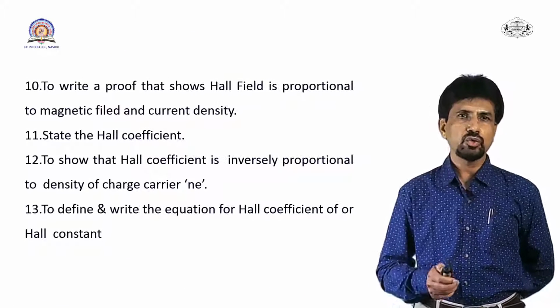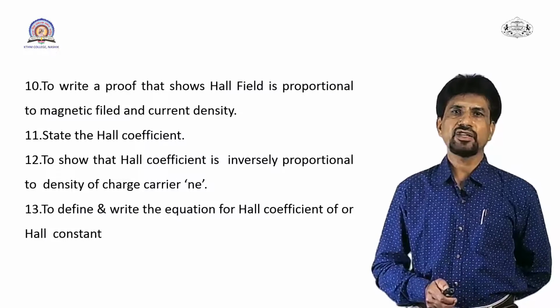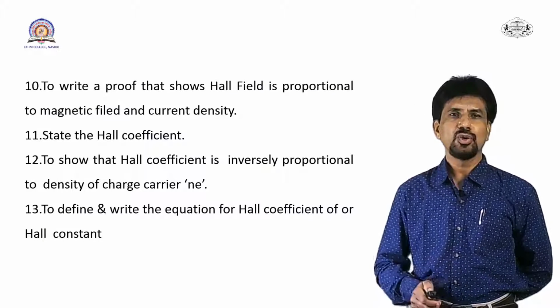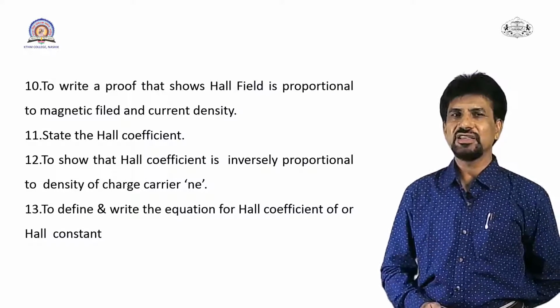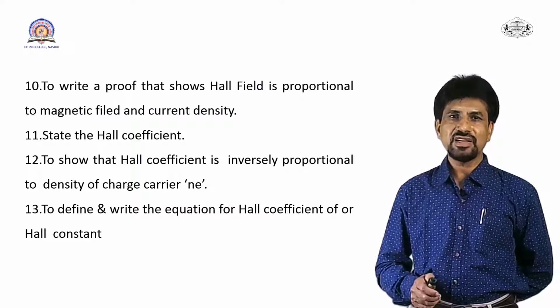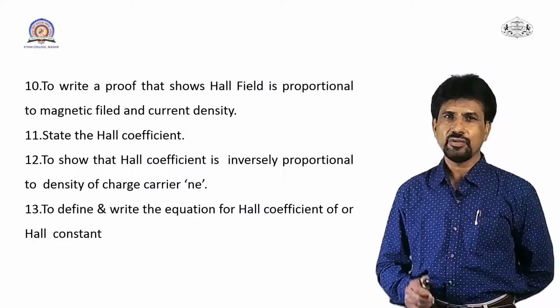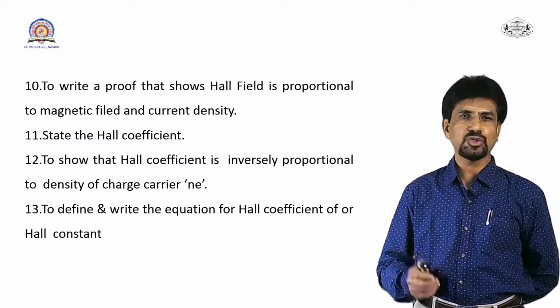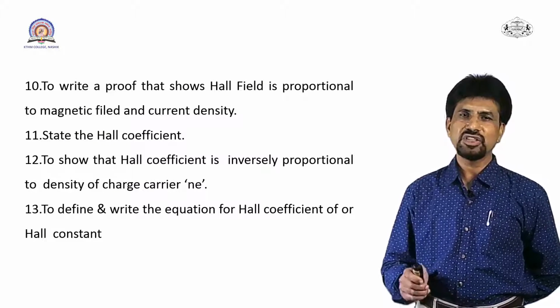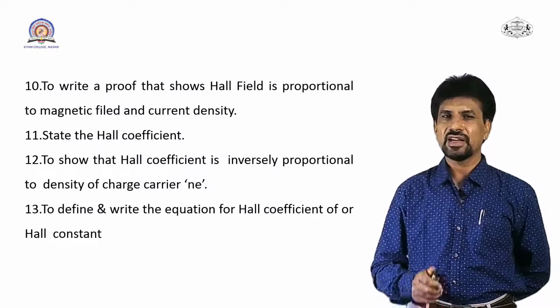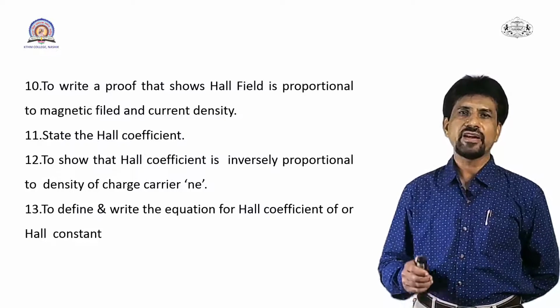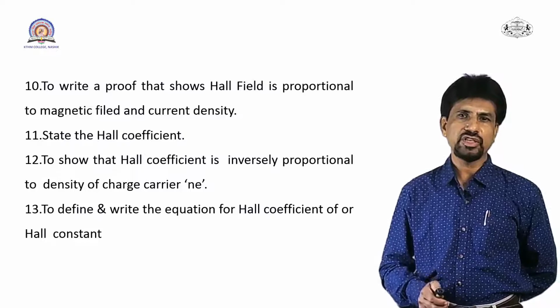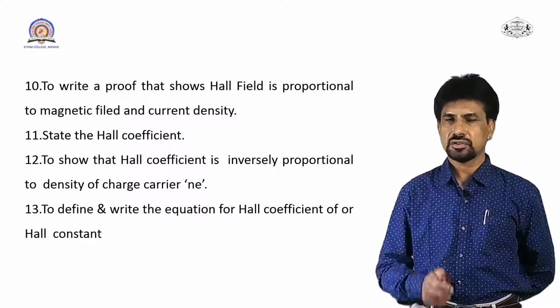The tenth is to write a proof that shows the Hall field is proportional to the magnetic field and the current density. The 11th is to state the Hall coefficient. The 12th is to show that the Hall coefficient is inversely proportional to the density of the charge carriers, and the last is to define and write the equation of the Hall coefficient or the Hall constant.